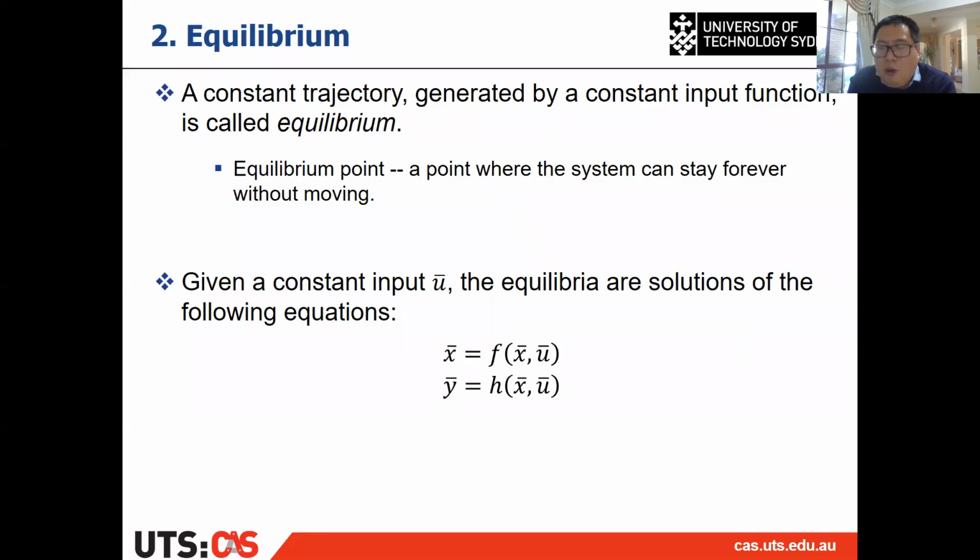So in short, for a nonlinear discrete time system, the state will never change at the equilibrium point. All right, I'll show you some examples.